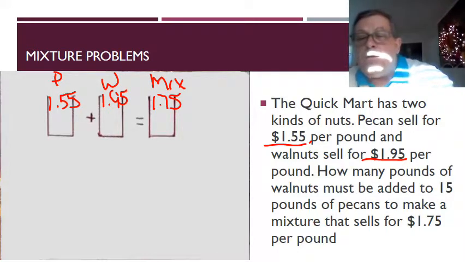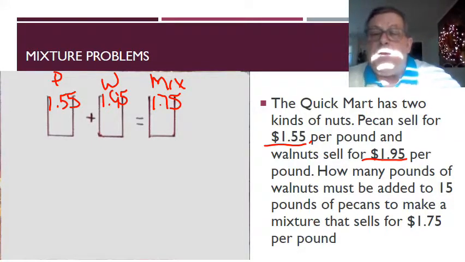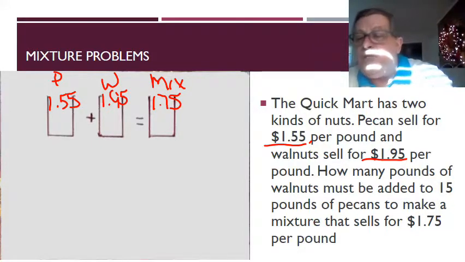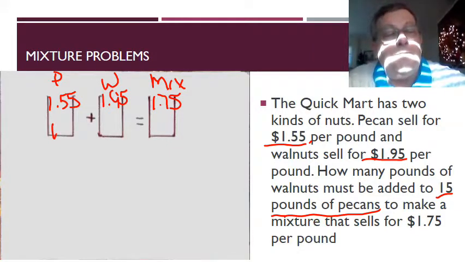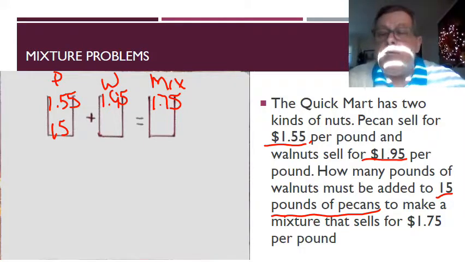Well, we're given a little bit more information because we're asked how many pounds of walnuts must be added to 15 pounds of pecans. So in the pecan bucket, I can put 15 pounds. Now in the walnuts, that's what they're asking us, so I'm going to set that as my variable, and I'm going to call the number of pounds for walnuts x.